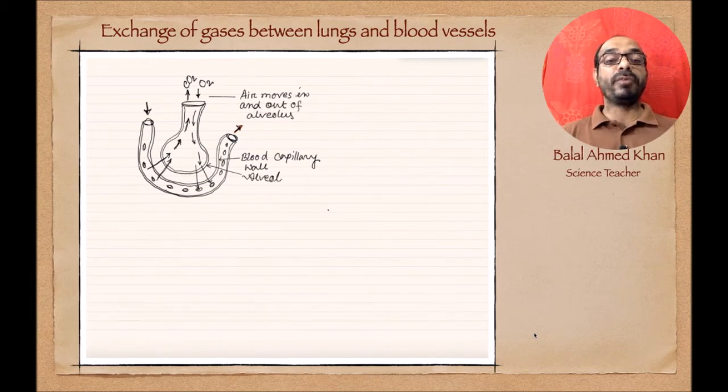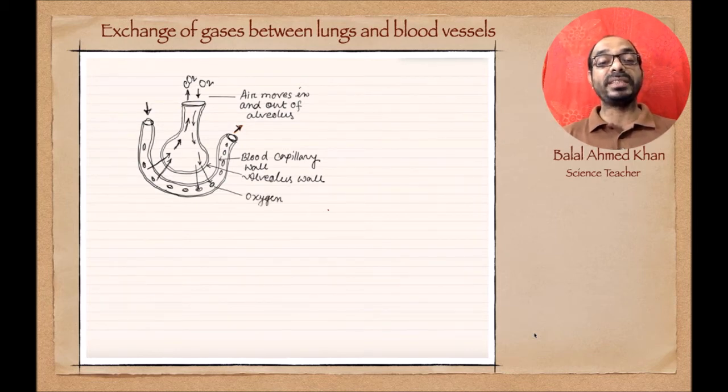The blood capillary wall and the alveolus wall are the same type of epithelial tissue forming this covering membrane. For this reason, because of the single layered epithelial tissue and thin covering membrane, exchange of gases easily occurs between the alveolus and the blood capillaries.